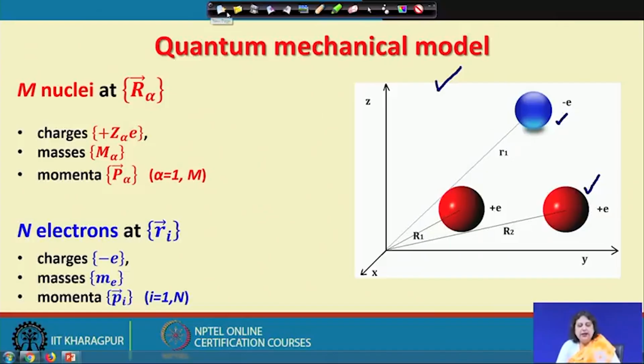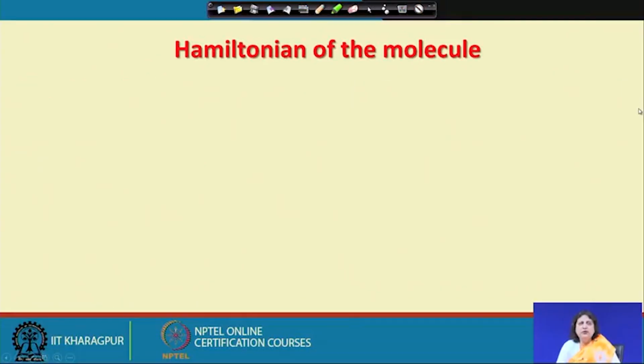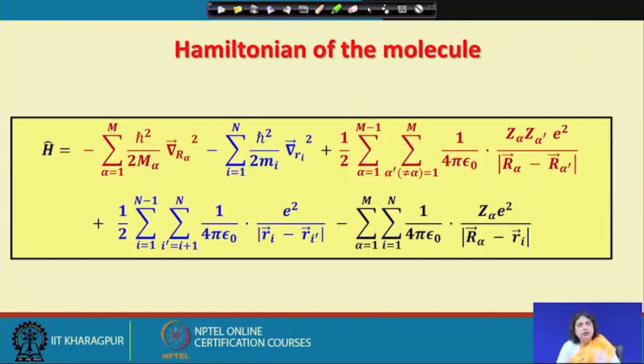Okay. So, if I now set up the Schrodinger equation for a system like this, I have to start from the Hamiltonian of the molecule. The Hamiltonian of course requires many different terms to describe the contribution of kinetic energy as well as the potential energy of the different things present in the system.